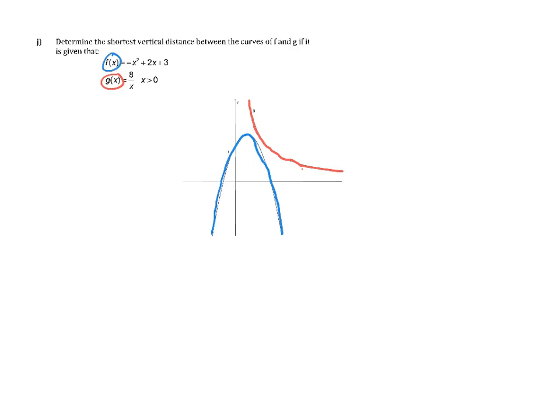If we want to find the shortest distance between those two graphs, where do you think it will be? Somewhere here. Shortest vertical distance, of course, so they must have the same x values. The shortest distance, let's call it v for vertical distance, is going to equal the g of x graph, the one on top with the highest y values, minus the one on the bottom, the f of x.